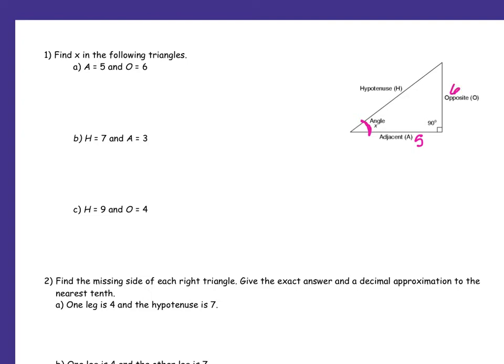If I want to find x, I need to use my trig functions. I'm going to write SOHCAHTOA. I need to decide which of those functions I can use to find out what x is. They give me the opposite and the adjacent, so I need to see which one has both opposite and adjacent in it, which happens to be this one right here.